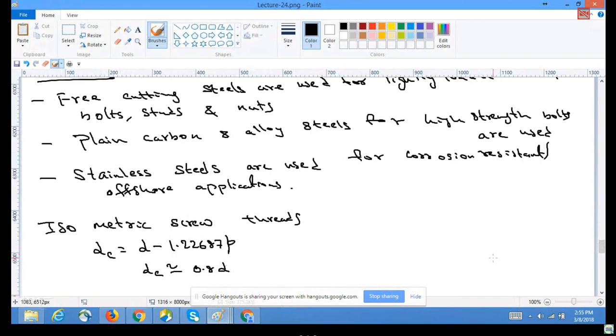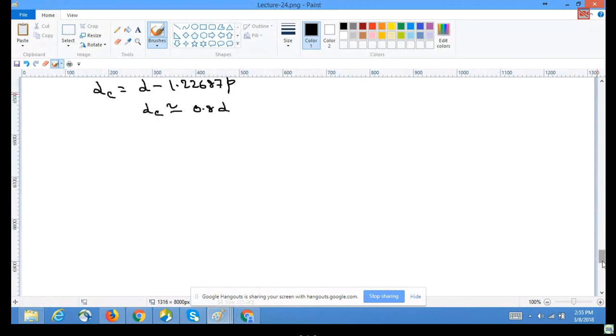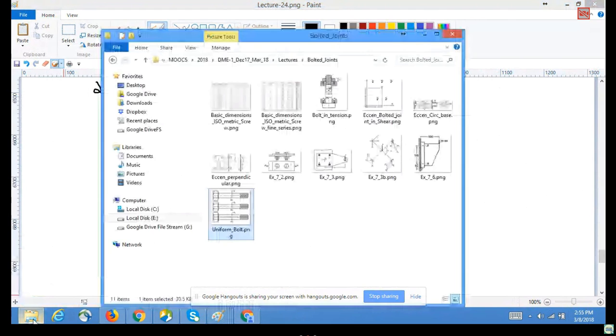So as per this, we have a couple of grades of steels as well as grades of bolts. So let us give the tabular things for the coarser ones as well as the finer ones with the basic dimensions.